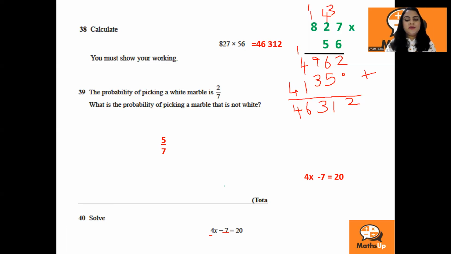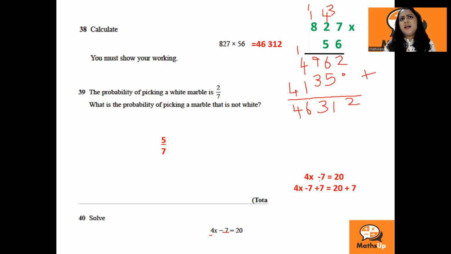I told you we have to isolate x on one side. For that, we should remove 4 and minus 7 from that side. So first I'm going to remove minus 7. To remove minus 7, you have to add 7, because minus 7 plus 7 is 0.